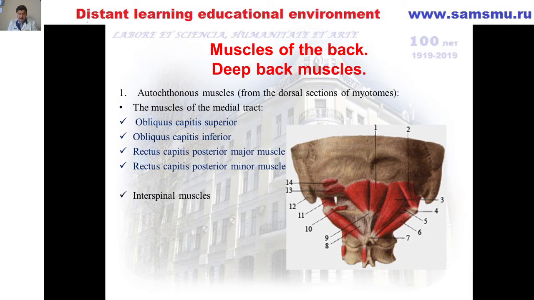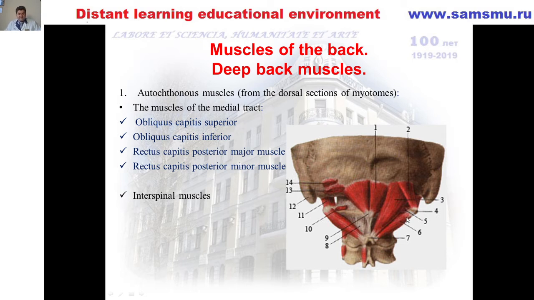Musculus obliquus capitis superior stretches from the transverse process of the atlas to the inferior nuchal line. The obliquus capitis inferior muscle passes from the spinous process of the second cervical vertebra to the transverse process of the first cervical vertebra. You may see this on this picture.